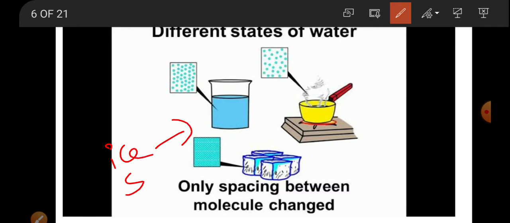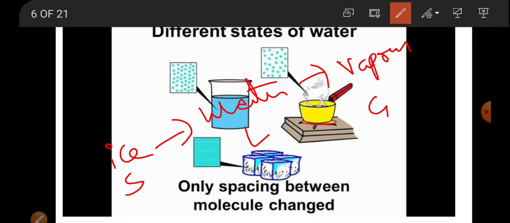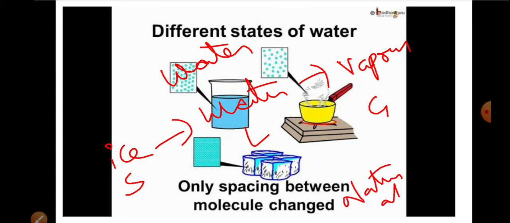From an ice cube to normal liquid water, which is the liquid state, and from there to water vapor, which is the gaseous state. So we have an interchange in the states of matter of water. This is also a natural change, as it occurs by nature.